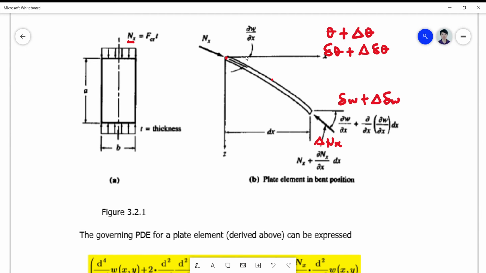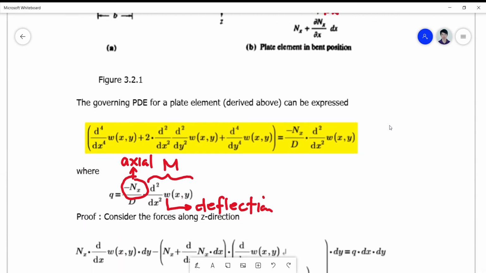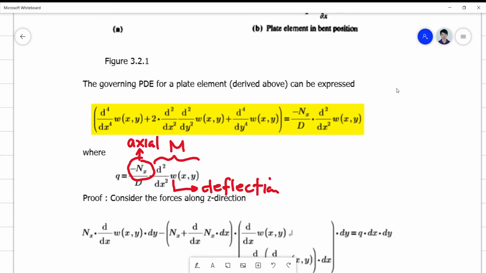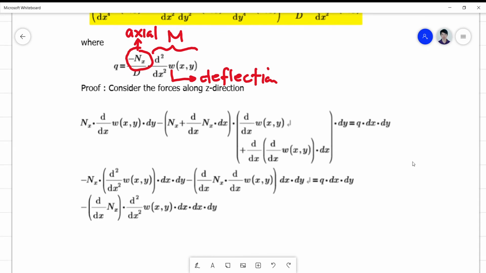Of course, the angles here are not the same, so we have to multiply by the slope, or simply the tangent of the angle, to come up with this equation here.